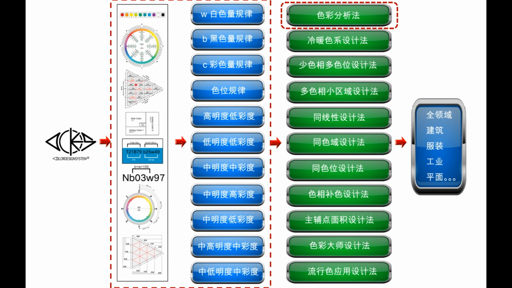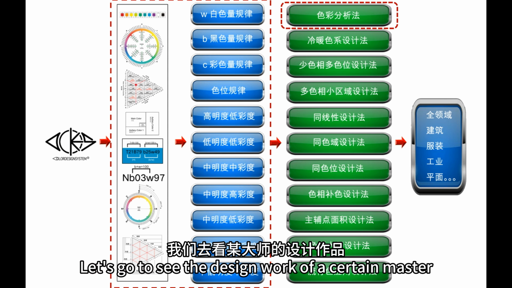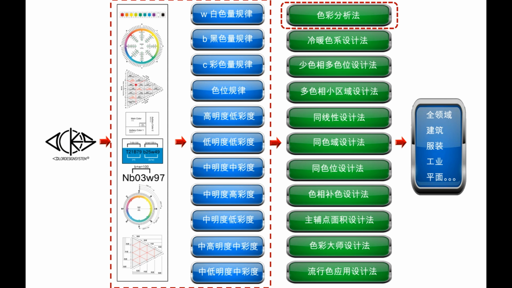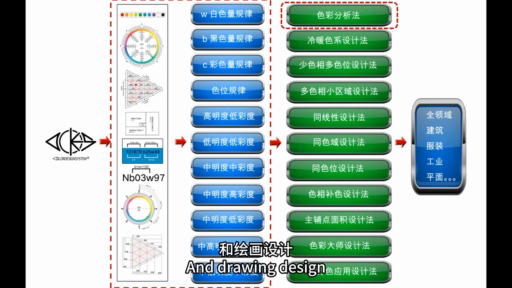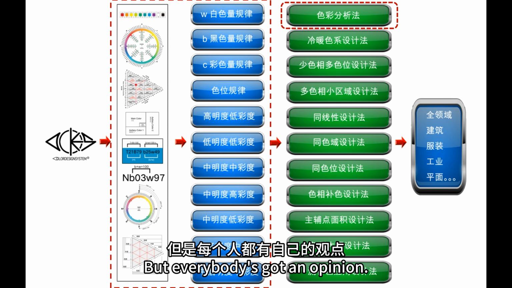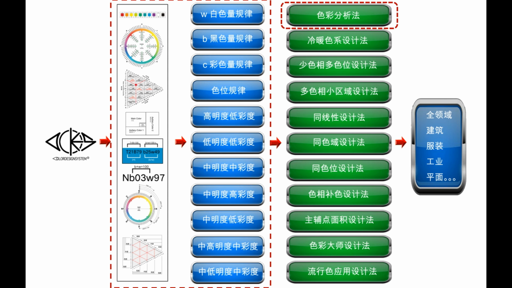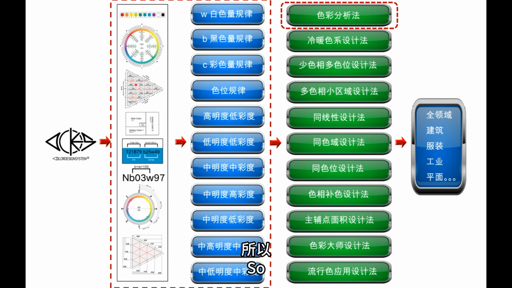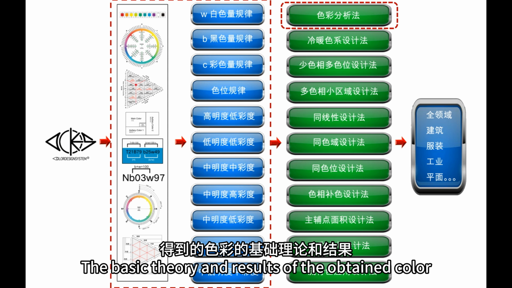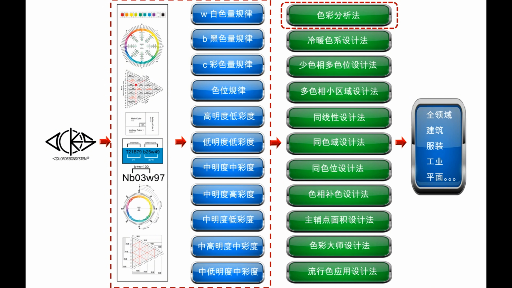Like what? Let's look at the design work of a certain master, some artistic designs and drawing design by an artist. But everybody's got an opinion. Everyone has their own color perception, so the basic theory and the results obtained are all different.